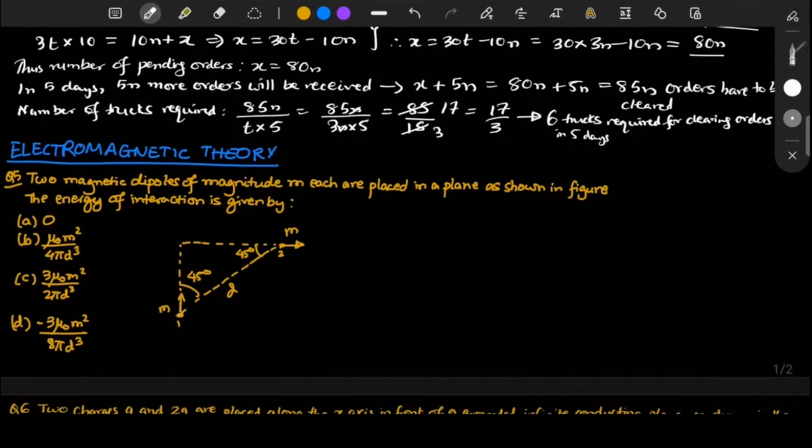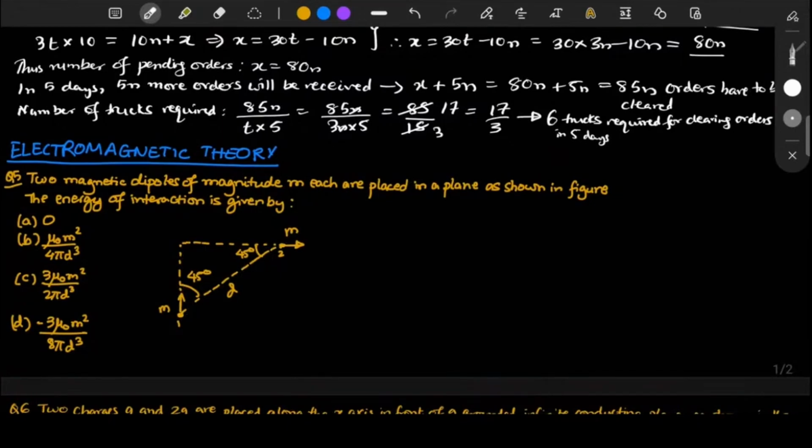So we see that these two dipoles are placed over here at location 1 and location 2. And we are given the angle that they make. And the line joining the dipoles kept at location 1 and 2, the distance of that is given as d.